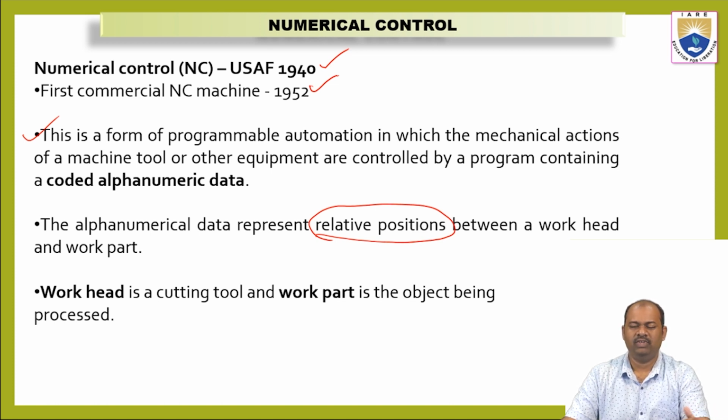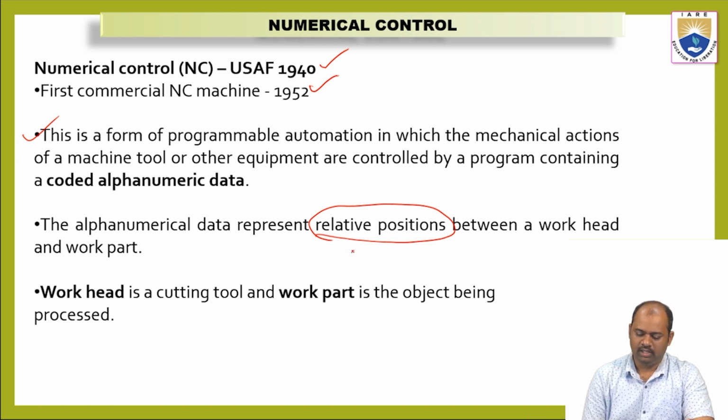To this chuck, we fix a workpiece, and on the tool post, we fix a tool which is to be moved front and back or left and right. This tool post can move in all four directions. Now this tool can be given some feed so that it can cut the material from the workpiece.